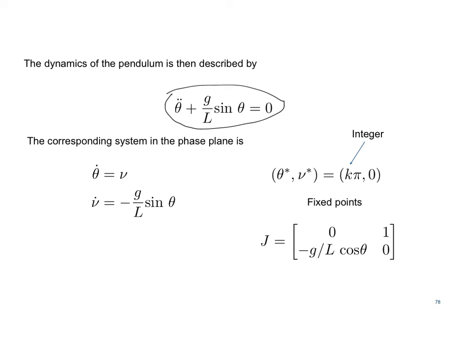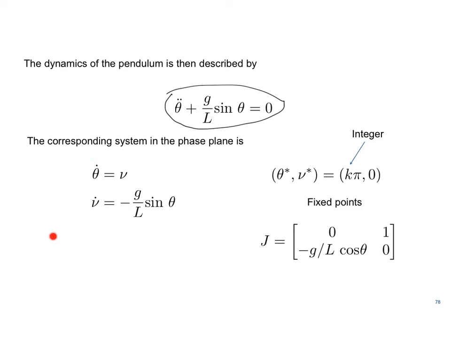Okay, so what do we do now? The same thing as always, we find the fixed points. But before finding the fixed points, we have to convert this equation into two first order ODEs. So we have this in here.